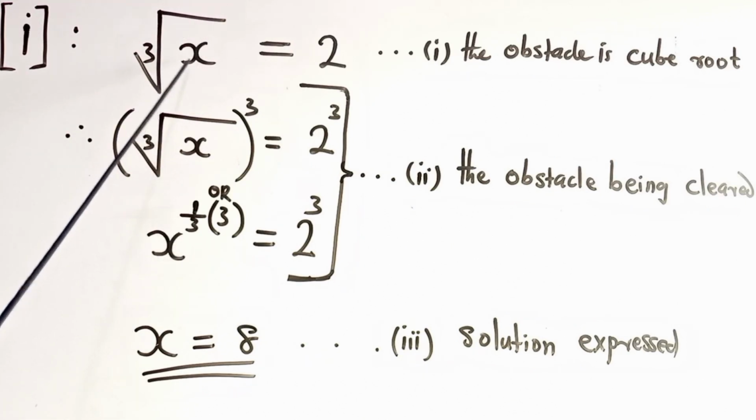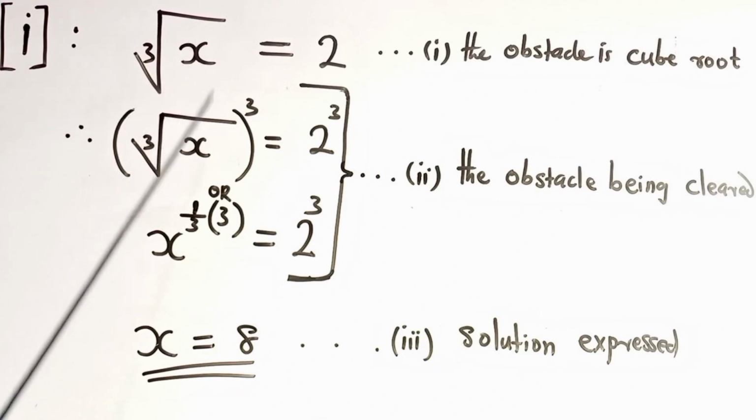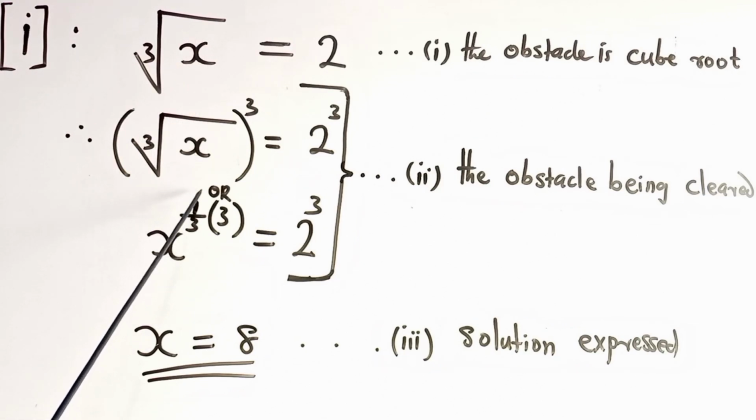So this expression is the same as x raised to the power 1 over 3. Compare it to the other example where I wrote that square root of x is the same thing as x raised to the power 1 over 2. I believe we can do similar things in future.